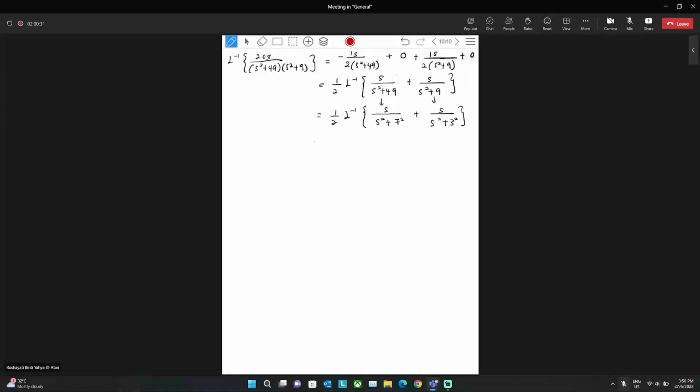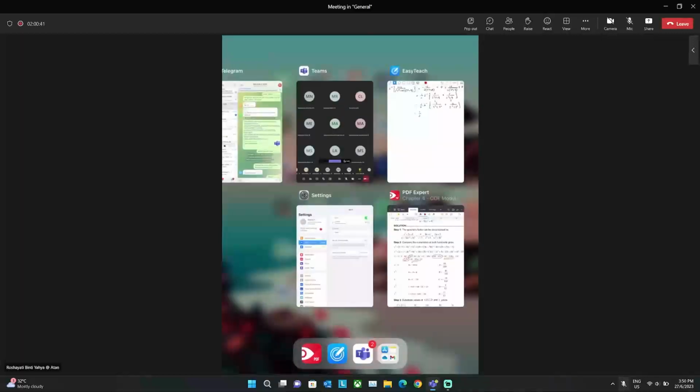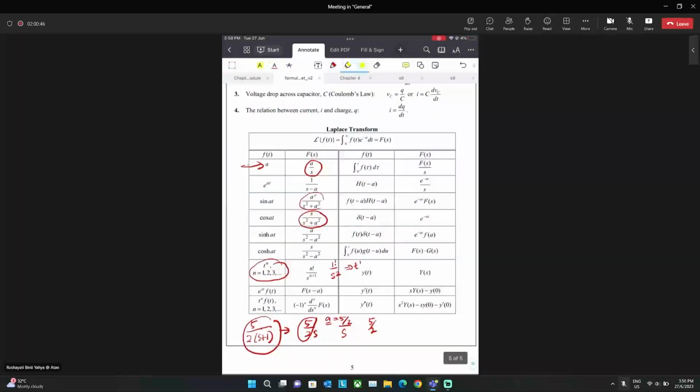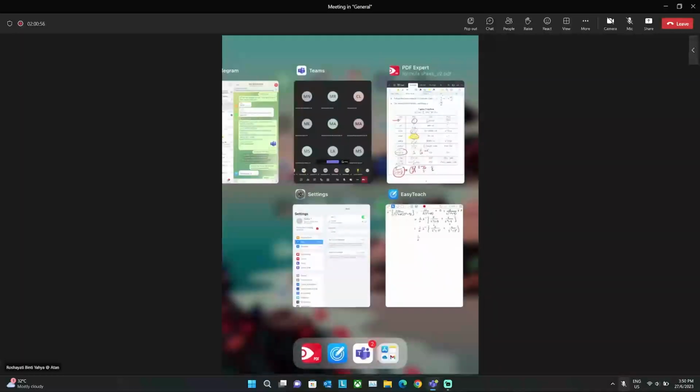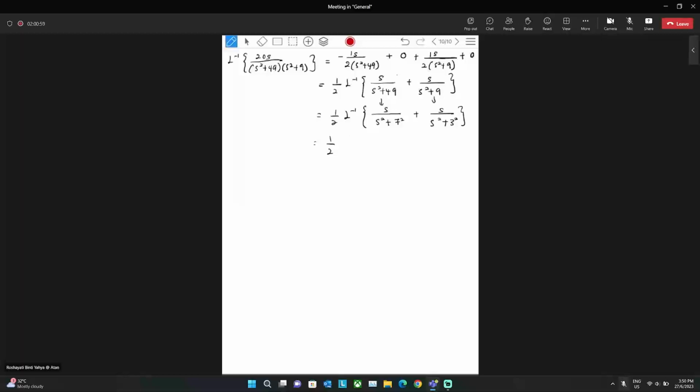So what will you get later for your answer? So s over s squared plus a squared. Look at your table: s over s squared plus a squared, this one is cos at. So cos at, your a is 7, plus also cos at, a is 3.